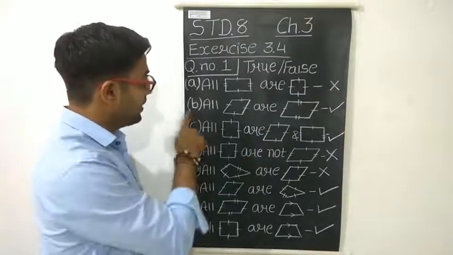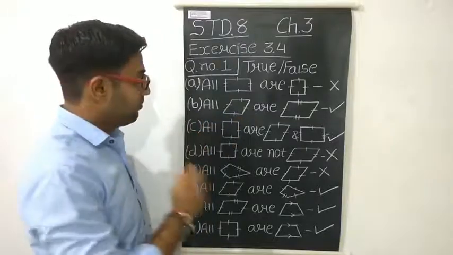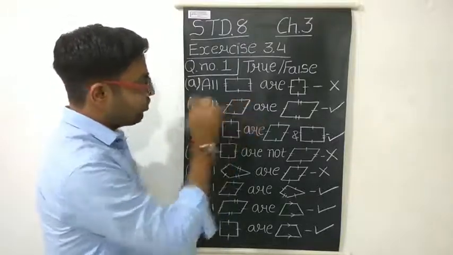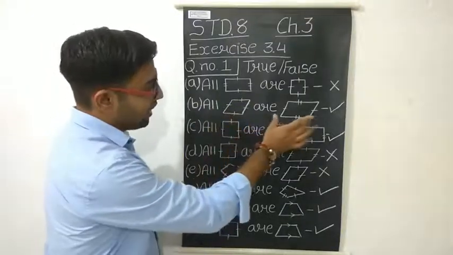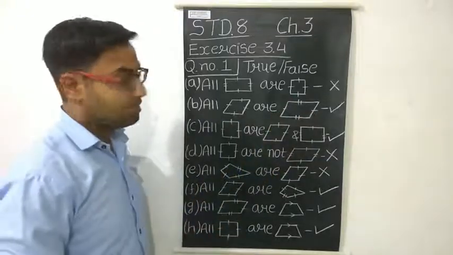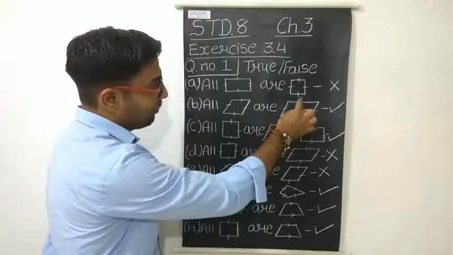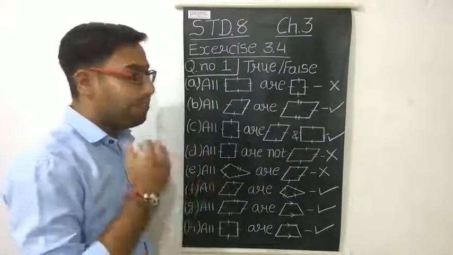Second one is B. All rhombus. This symbol is of rhombus because rhombus has all four sides equal. So all the rhombus are parallelograms. This is the symbol of parallelograms because in parallelograms both pairs of opposite sides are equal and parallel.